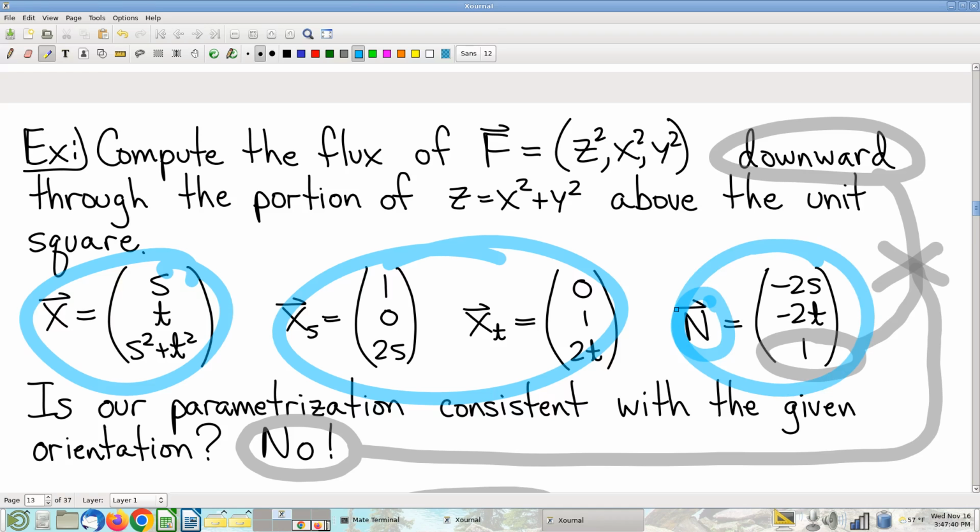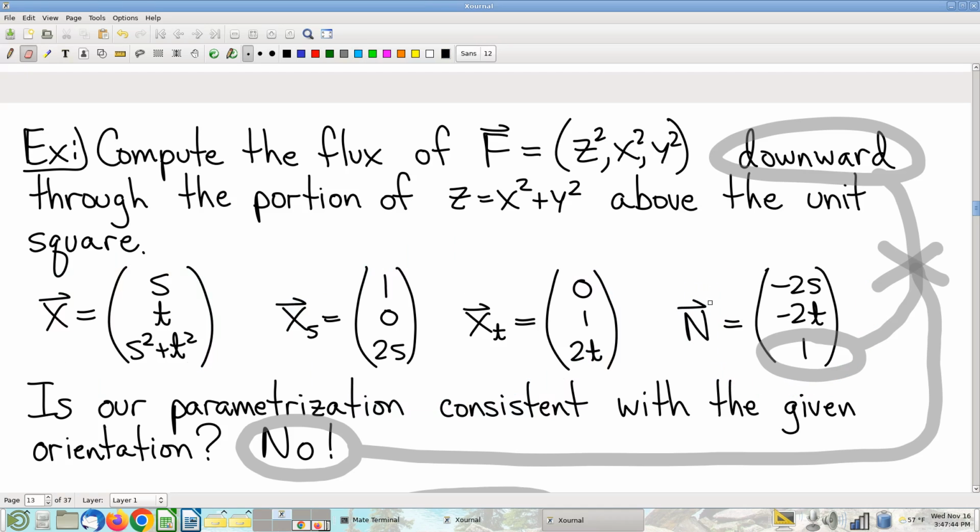Here's where you have to pause and take stock and ask yourself, wait a minute, did I orient this thing the right way or the wrong way? The surface was given to be oriented downward. Let's look at our capital N vector. Is it oriented downward, or is it oriented upward?